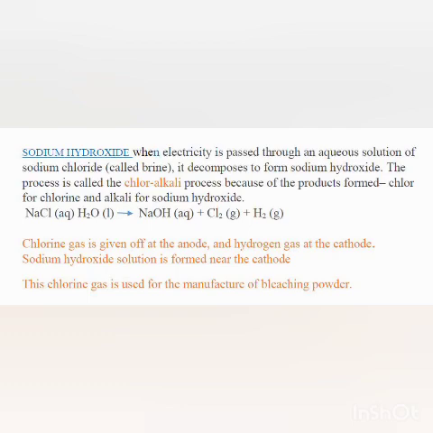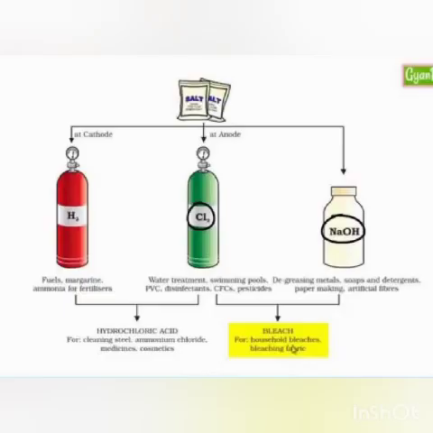The process is called the chlor-alkali process. Chlor means chlorine is formed, that is why the name chlor, and alkali because sodium hydroxide is formed. The products formed in this process are sodium hydroxide, chlorine and hydrogen, but the main ones are sodium hydroxide and chlorine.